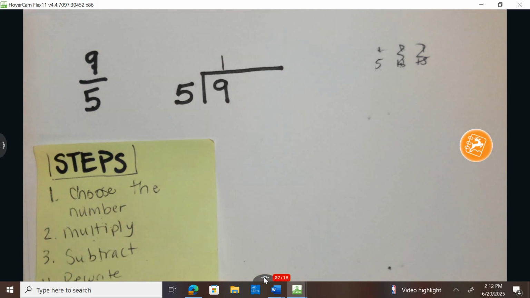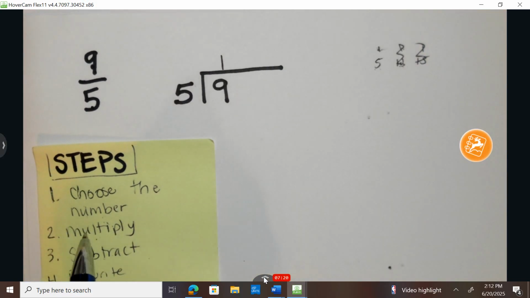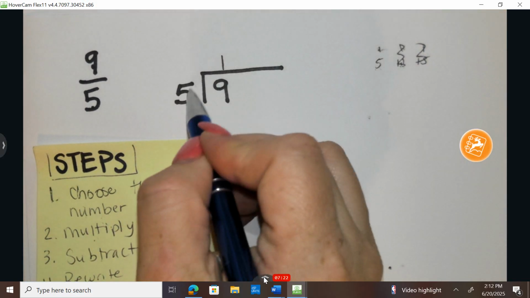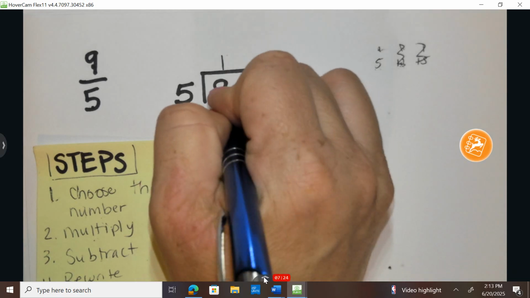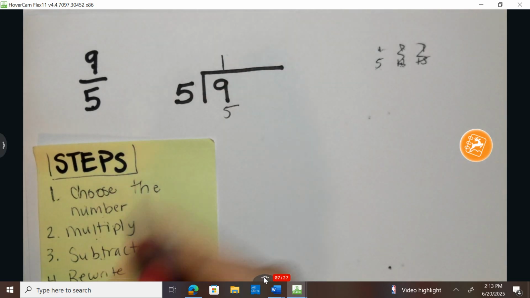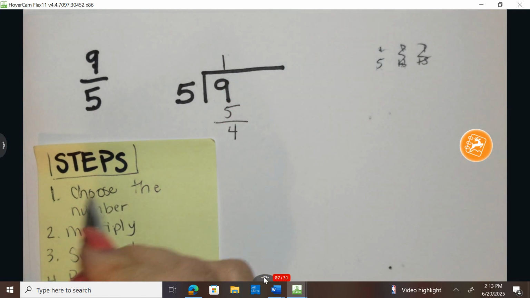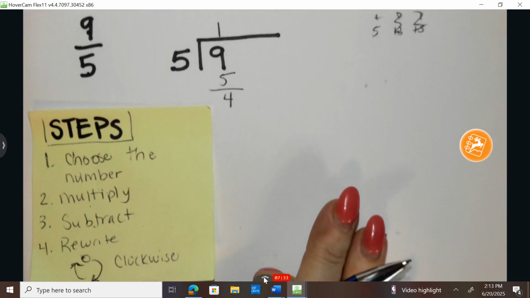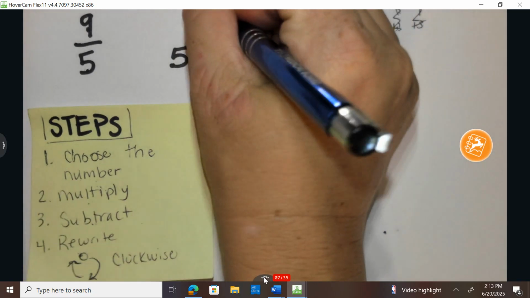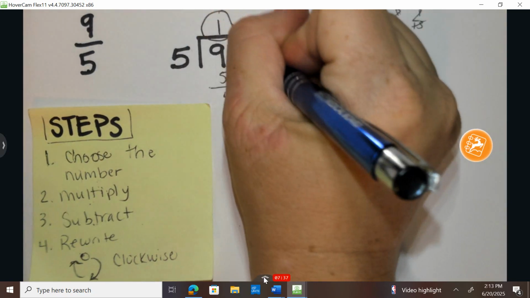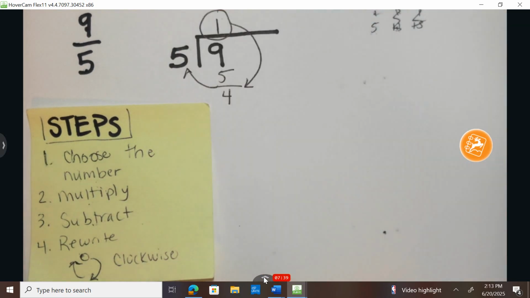So I chose the number, and now I need to multiply. I'm going to take 1 times 5. Well, 1 times 5 is 5, and now I'm going to subtract them. 9 minus 5 is 4. I've done steps 1, 2, and 3. Step 4, I'm going to circle that number up top, and then I'm going to go clockwise around.